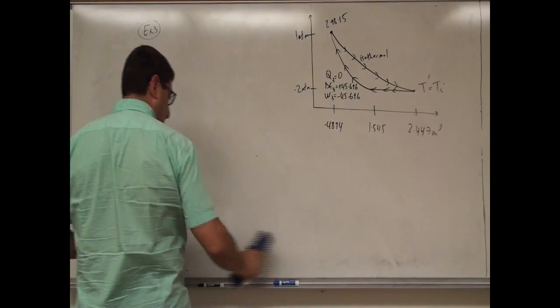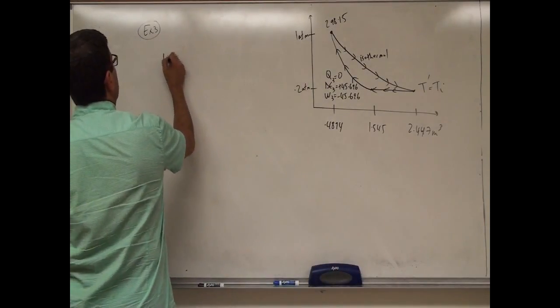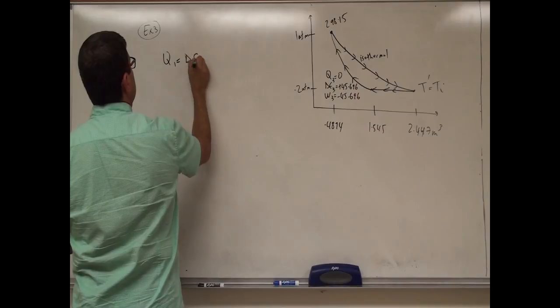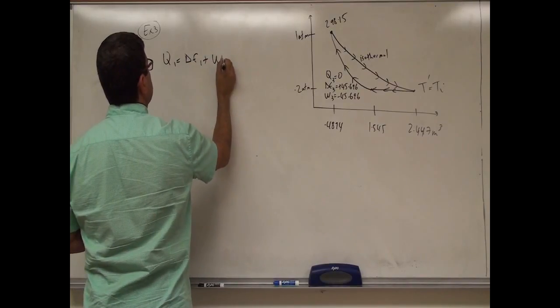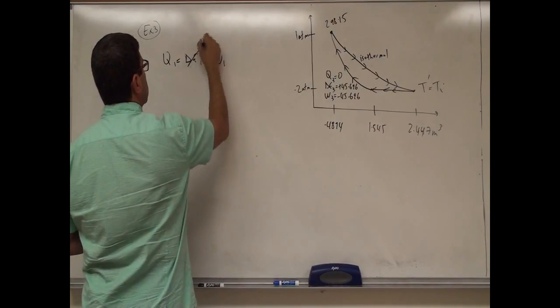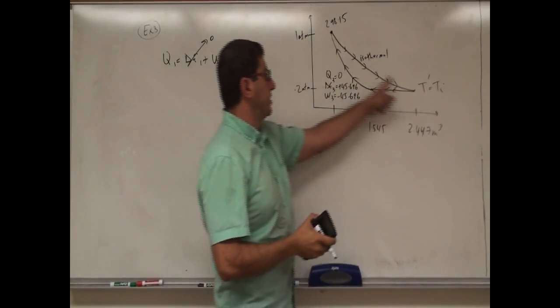Okay, so then we can say here Q1 is going to equal delta E1 plus the work done by the gas in stage 1. Delta E1 is going to be 0, right? Because it's isothermal.